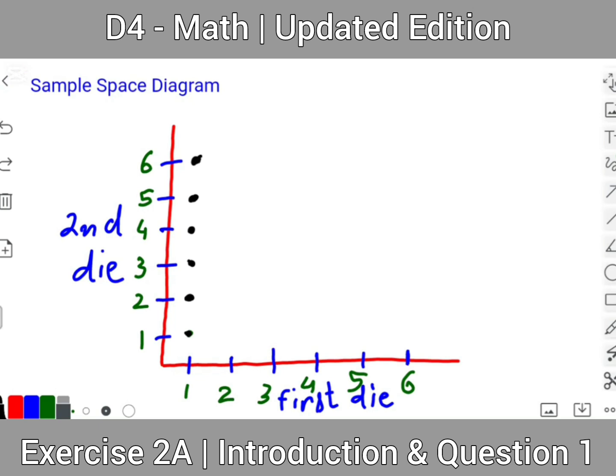So this dot shows the 1, 1 ordered pair, this shows the 1, 2 ordered pair, this shows the 1, 3 ordered pair, this shows 1, 5, and this shows 1, 6. Similarly, we will put the dots in the sample space diagram.